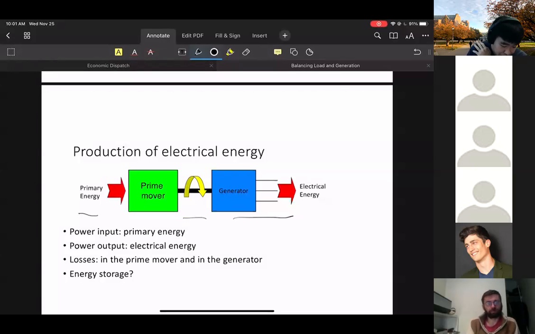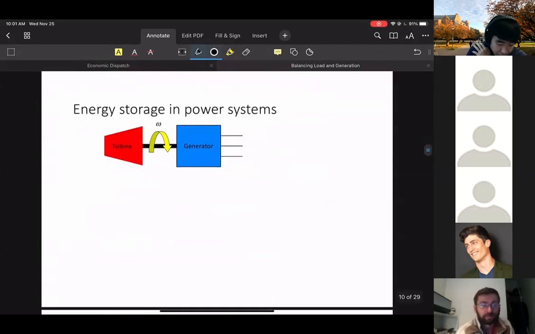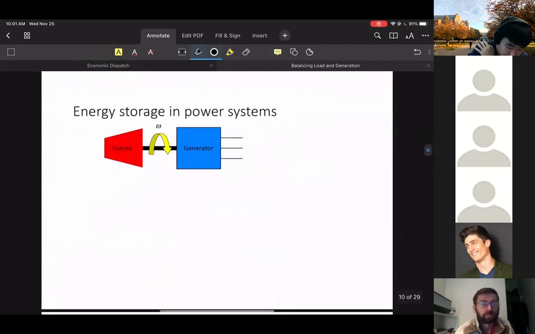So let's do a little bit more calculation to look at what the storage is, right? If you look at this mechanical system, basically this mechanical system together has some inertia J, right? So there's the turbine, shaft, and the generator. These are all big spinning machines.